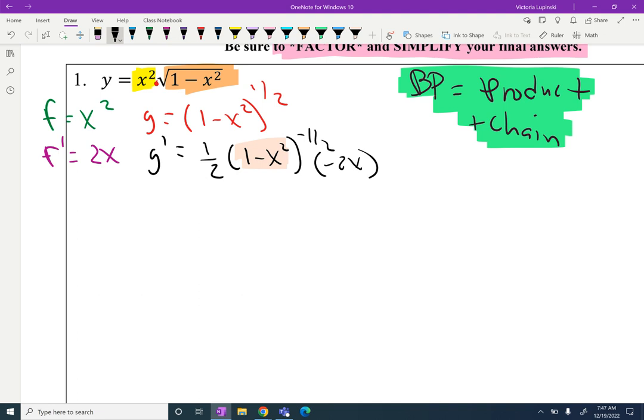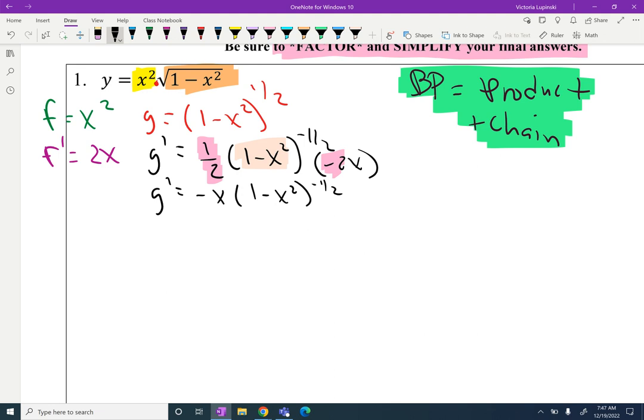Negative 2x. So don't forget the negative. And while you're here, why don't you just clean that up? That 1/2 and that negative 2, let's just multiply those to clean it up a little bit. So if I go ahead and multiply those, I'm just going to get a negative x and then a 1 minus x squared to the negative 1/2.